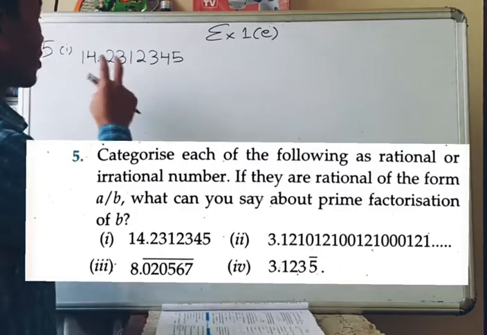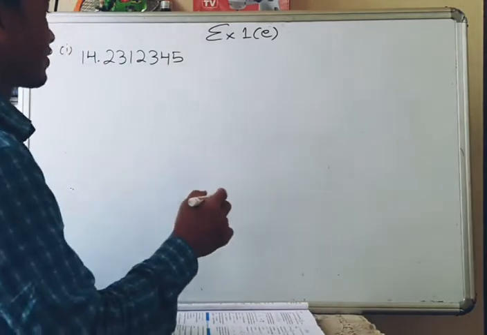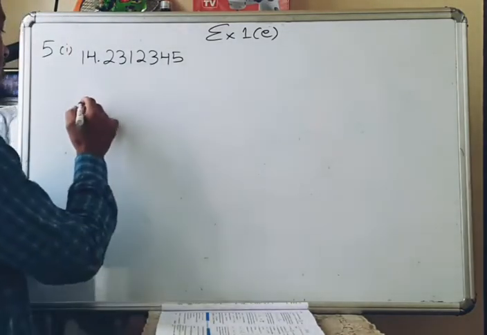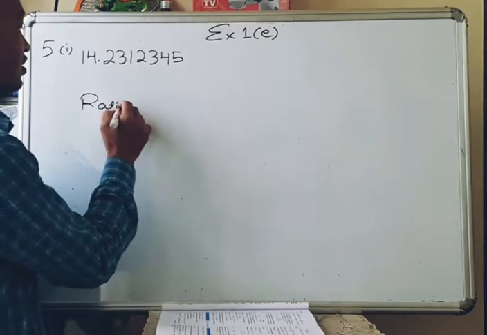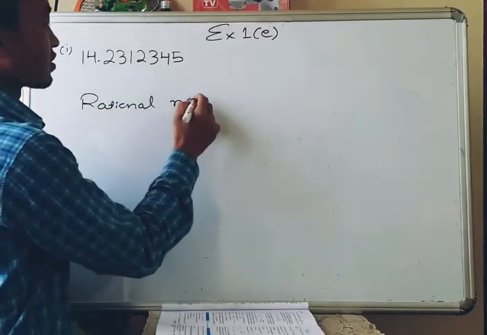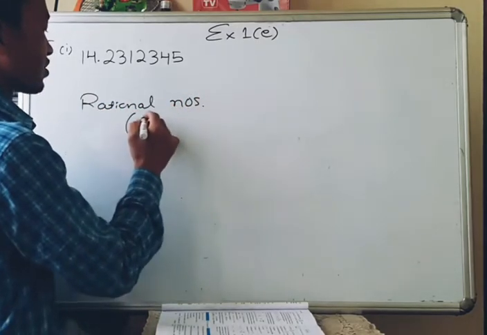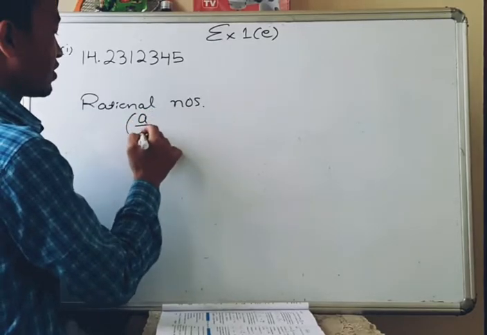Before we come to this problem, I'll just remind you about those rational numbers which we have talked about before, denoted in the form a upon b.